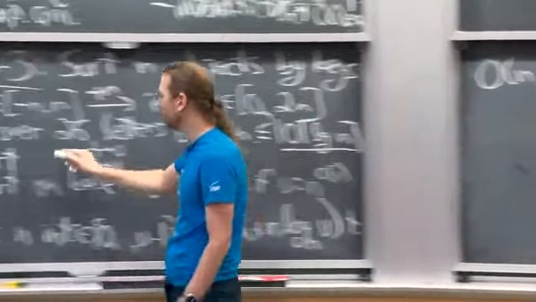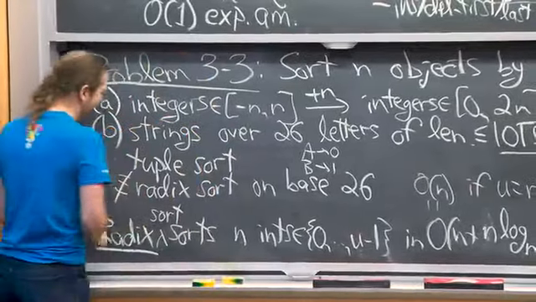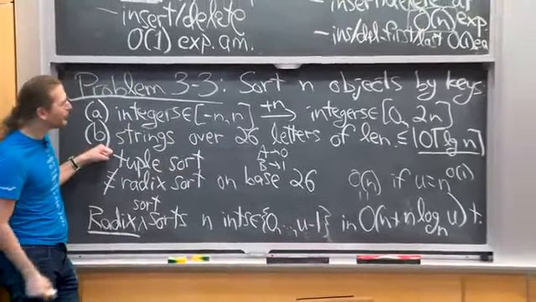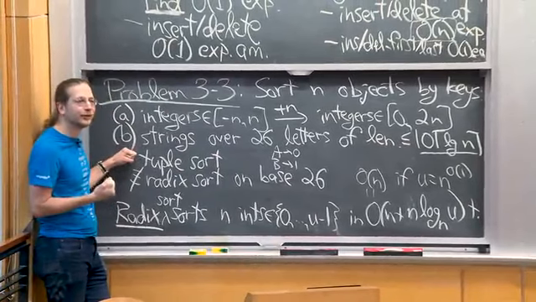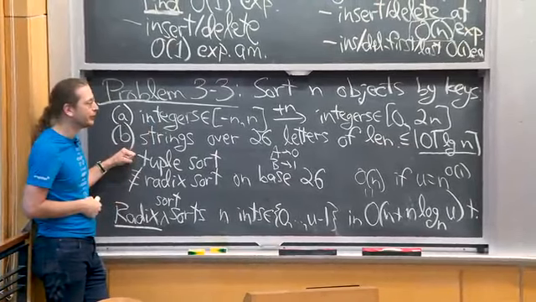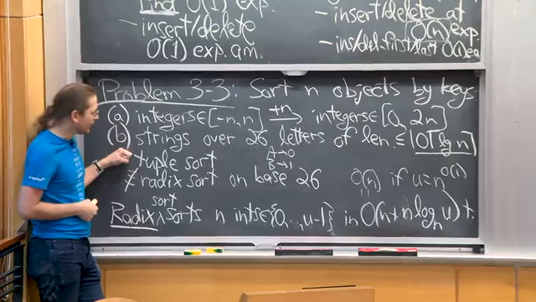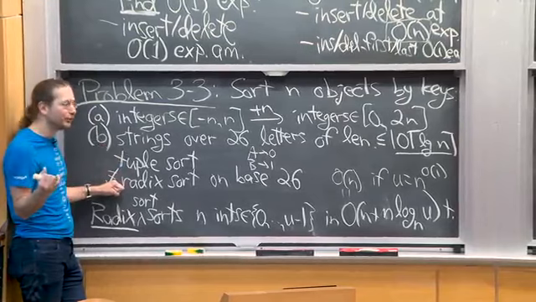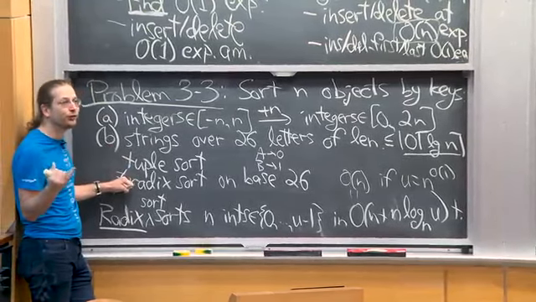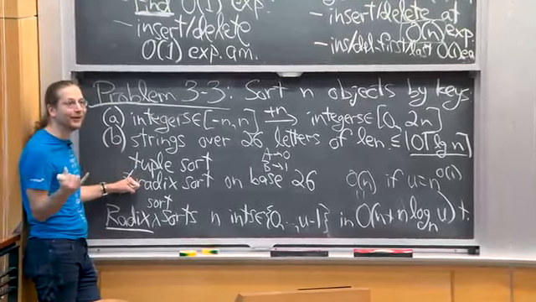However, that's the tuple sort, so I should really make this not equivalent. If I run tuple sort letter by letter, I'm running counting sort log n times, and so I get n log n because each one takes linear time. If I map my strings into numbers first, radix sort doesn't use base 26, it uses base n.